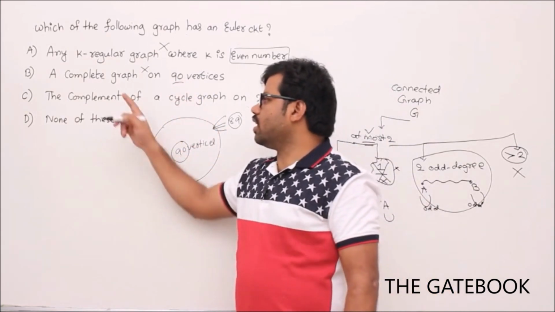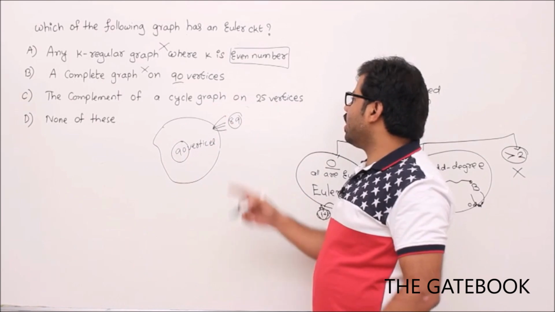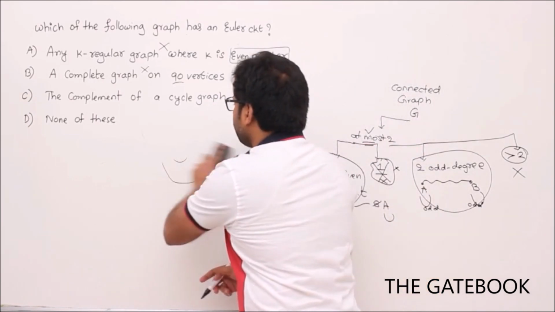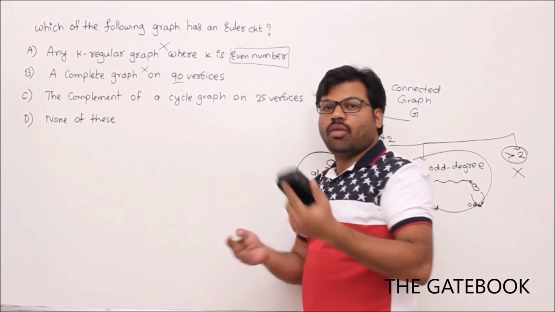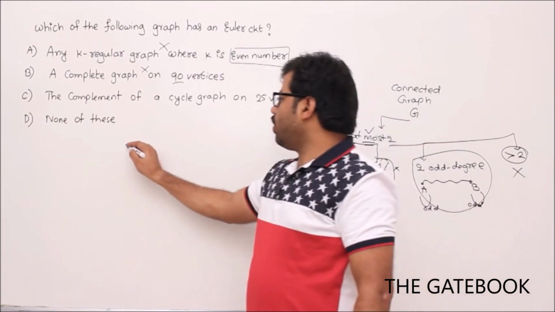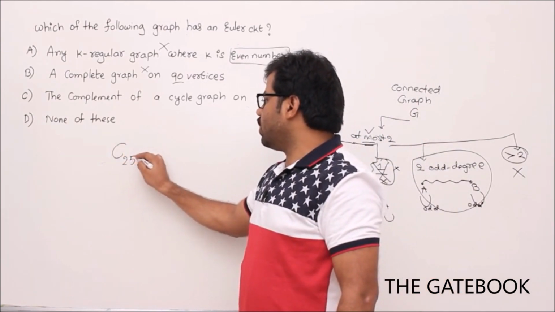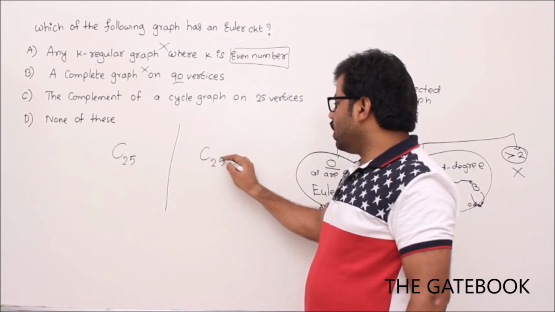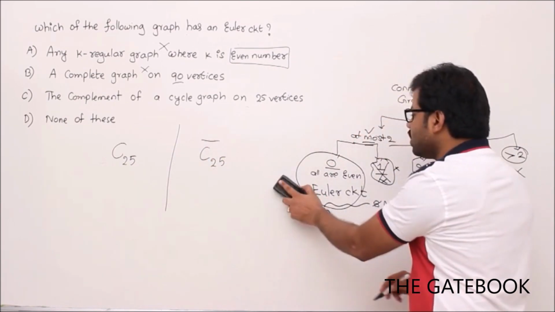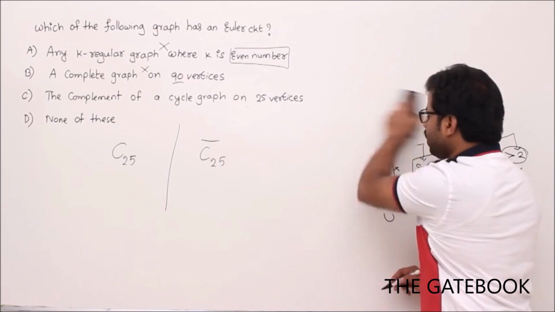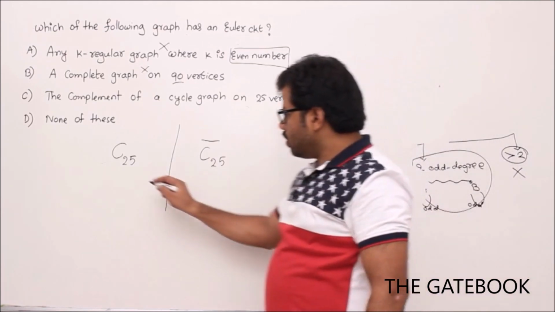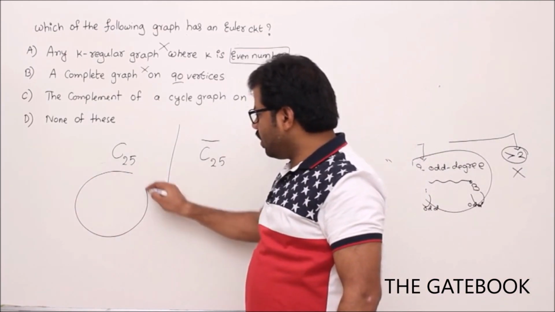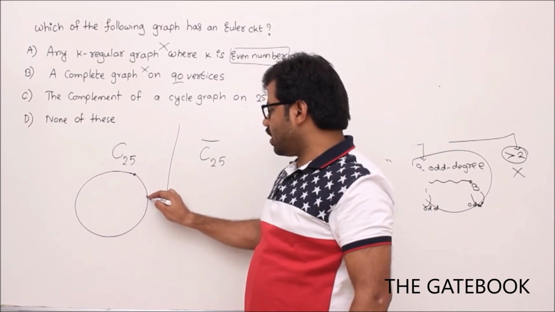Go to option C: the complement of a cycle graph on 25 vertices. So we have to calculate the complement of a cycle graph on 25 vertices. First focus on C25. Then we'll come to C25 bar, and see whether this graph has an Euler path or circuit. A cycle can be drawn like this, right? So a cycle has a symmetric structure.